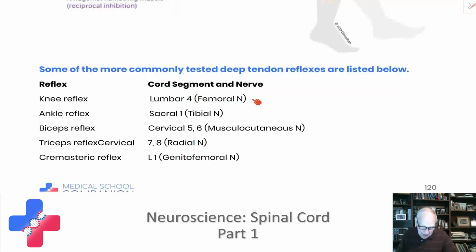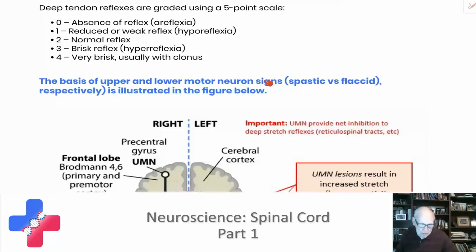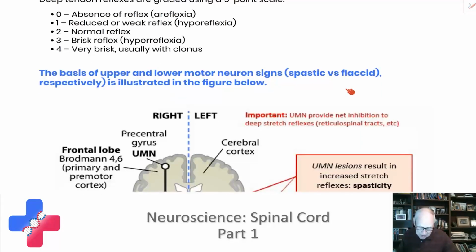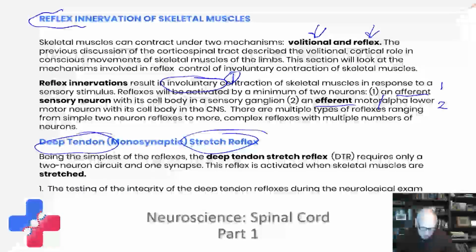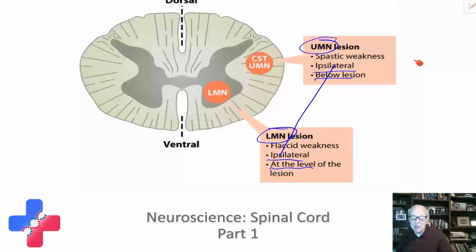All right, now let's come to this most important page here for the reflex system. What is the mechanism of spastic and flaccid? Let me go back, if you'll bear with me a minute. I forgot to mention the words. You know them, but let's go back to this cord section here.